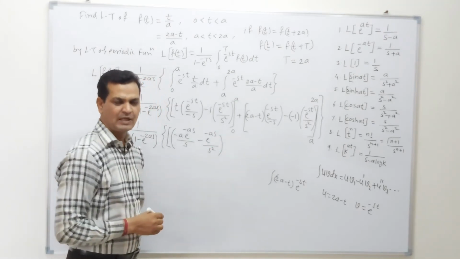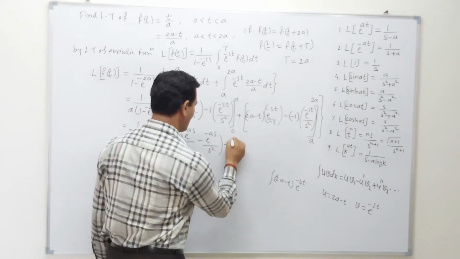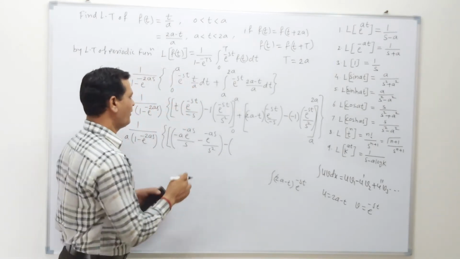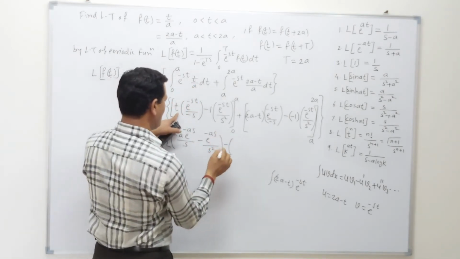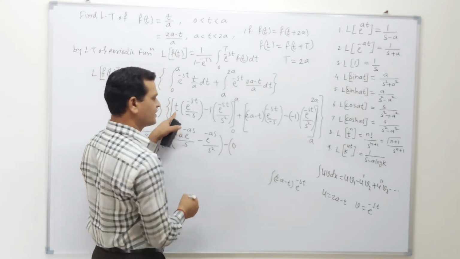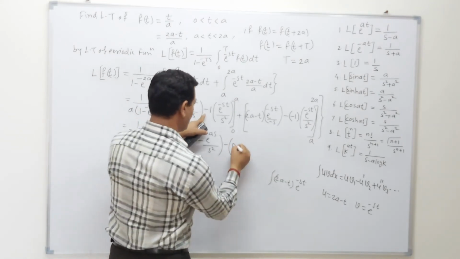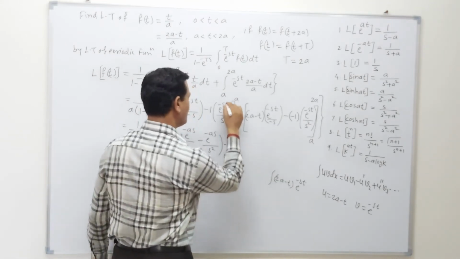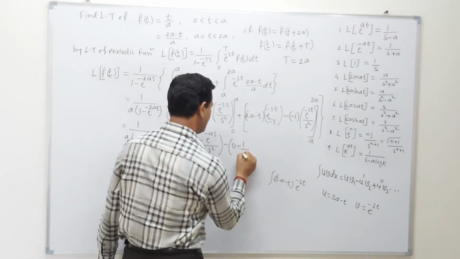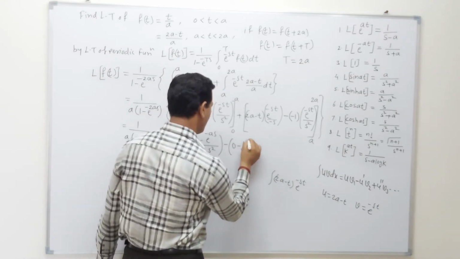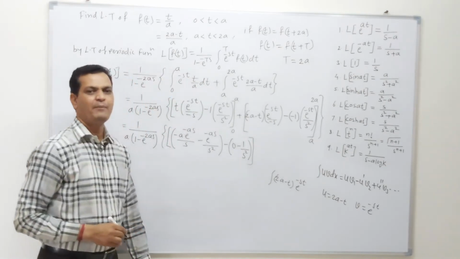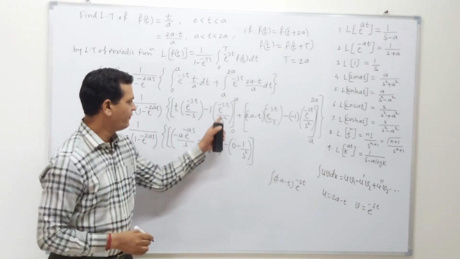This is the upper limit for the first term minus the lower limit. The value of the lower limit is 0, and 0 into something is 0, so this first term is 0. Then minus, e raised to 0 is 1, so we write this as 1 upon s square. This is the value of the upper and lower limit for the first term.